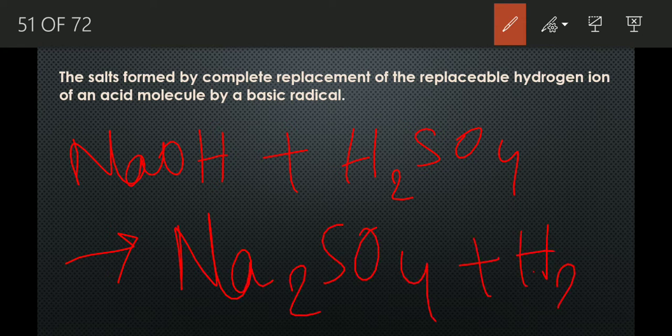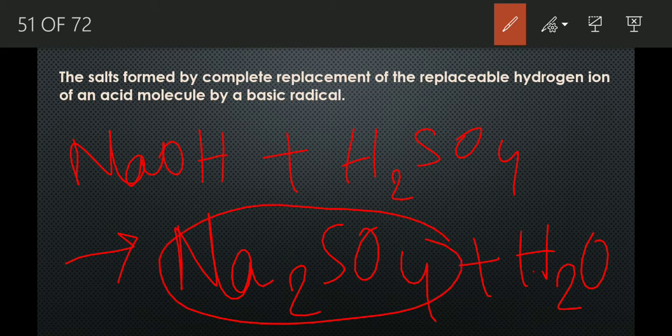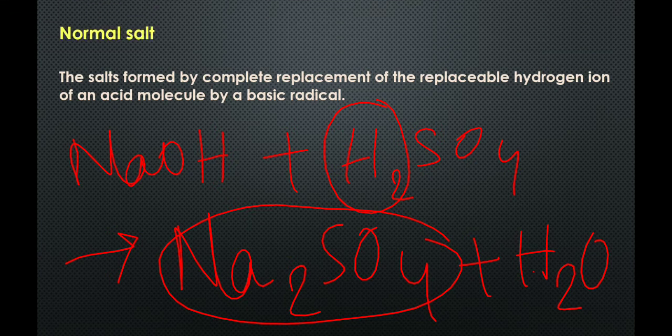In sodium sulfate, there is no replaceable hydrogen ion. So these types of salts do not contain any replaceable hydrogen atom in the molecule, because the two replaceable hydrogen ions present in H2SO4 have been totally replaced.